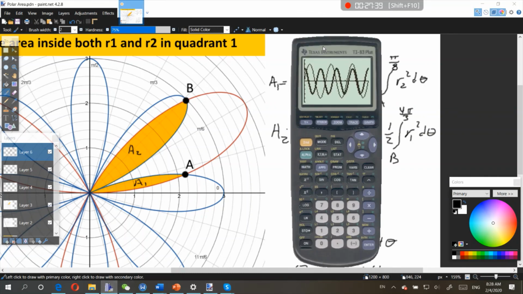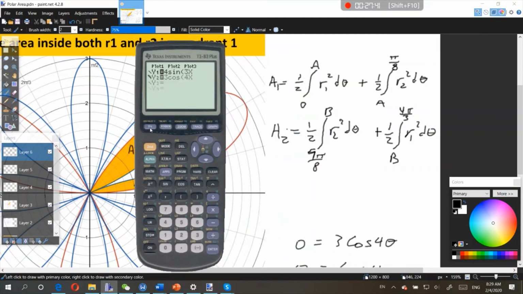And if I did want to find it in the calculator, right now my R1 is Y1, my R2 is Y2. So we could start typing out our integral with something like this.